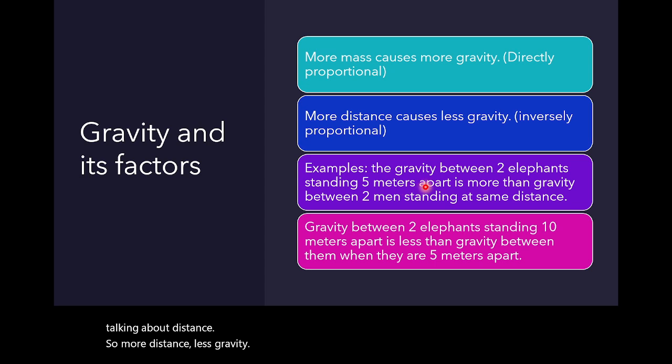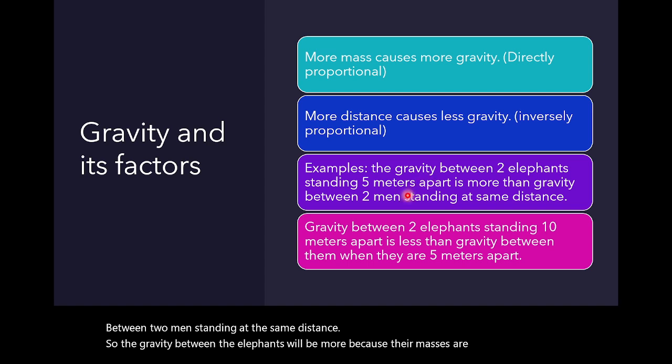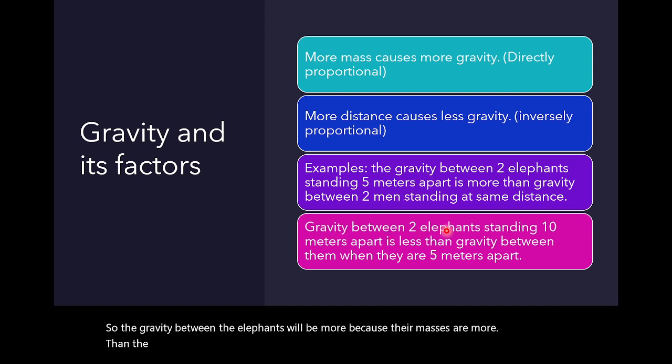Standing 5 meters apart, the gravity between two elephants is more than the gravity between two men standing at the same distance, because the elephants' masses are more than the men's. Now consider the gravity between them when they are 5 meters apart.